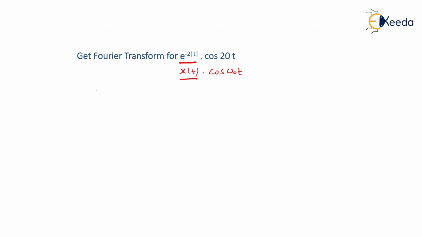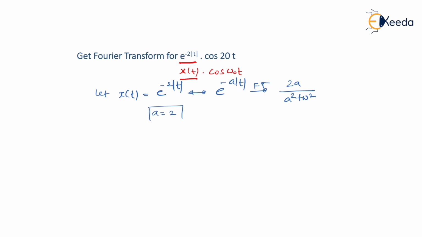But then let me remind you how to get a Fourier transform for x of t first. So let x of t be e to the power minus 2 mod of t, and now this is comparable with e to the power minus a mod of t. You know its Fourier transform as twice of a upon a square plus omega square. So here the value of a is equal to 2.